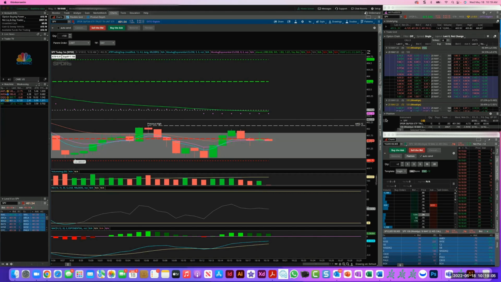Still in this consolidation. The VIX is still struggling with the 8-day EMA resistance, trying to get above it.